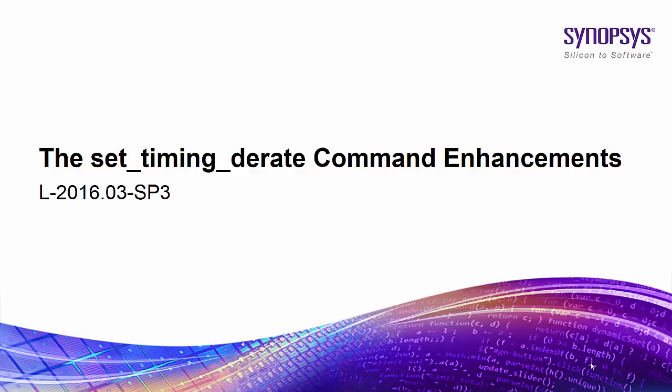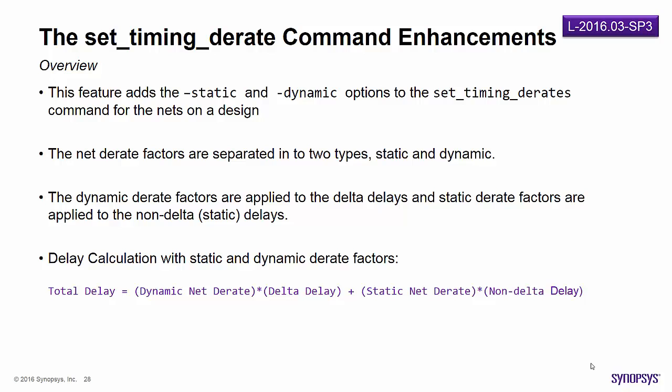The set_timing_derate command enhancement from 1603 SP3. This feature adds -static and -dynamic options to the set_timing_derate command for the net on the design. Net derate factors are separated into two types, static and dynamic.